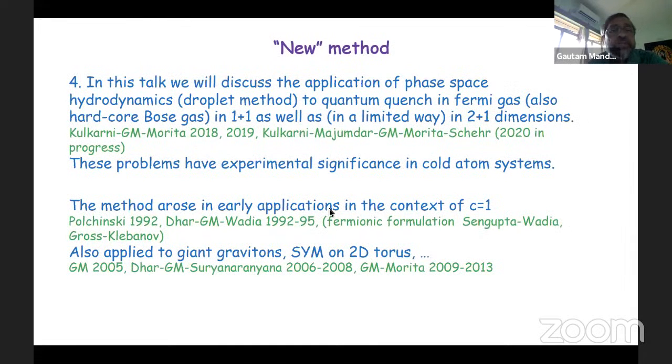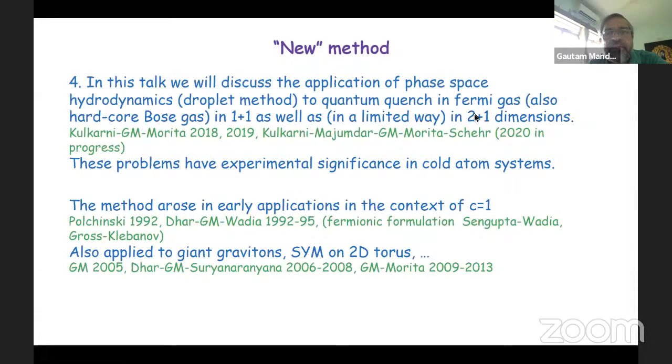Okay, so in this talk, we will discuss the application of phase-space hydrodynamics, the so-called droplet method, to the problem of quantum quench in Fermi gas. It can be a Fermi gas or a hardcore Bose gas, the so-called Tonks limit of infinitely repelling Bose atoms in 1+1 dimensions, as well as in a limited way fermions in 2+1 dimensions. These problems have experimental significance in cold atom systems.